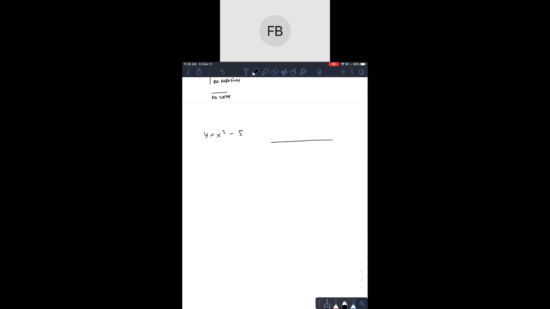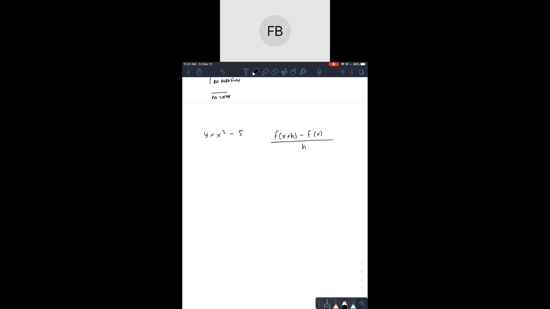Now the difference quotient is f of x plus h minus f of x, over h, all right? So we're going to have to plug all this stuff in. So f of x plus h.